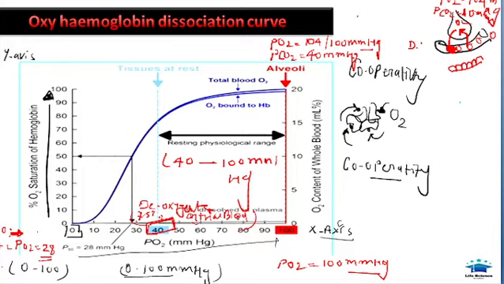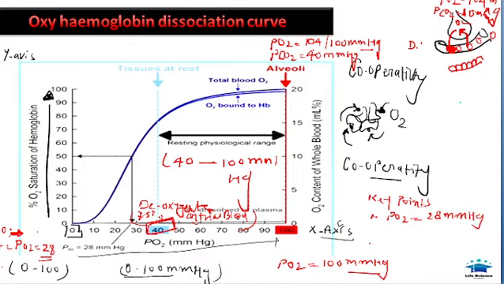When we study the oxygen dissociation curve, we have three values which are the key points for better understanding of the graph. Remember the first, the pressure of oxygen 28 mmHg.